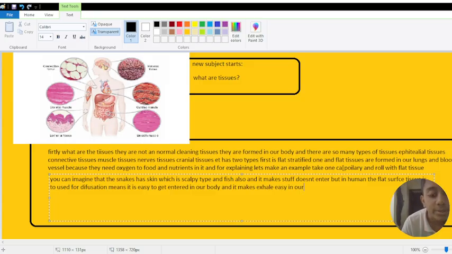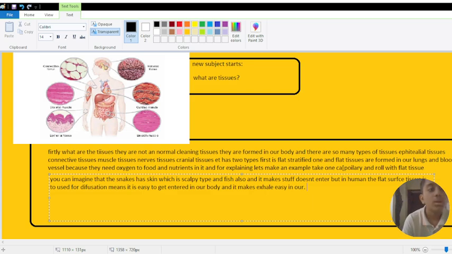Lungs also need oxygen for inhaling and exhaling. It is a good tissue for that, so that the air can enter easily in the lungs and exhale out easily from the lungs. So I guess you have understood our first one, which is epithelial tissues.